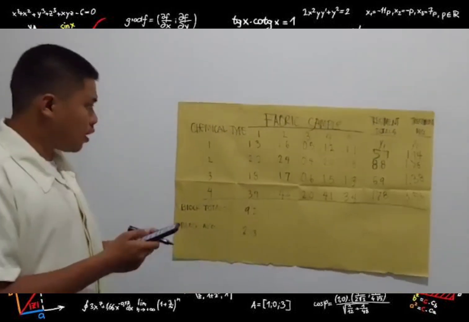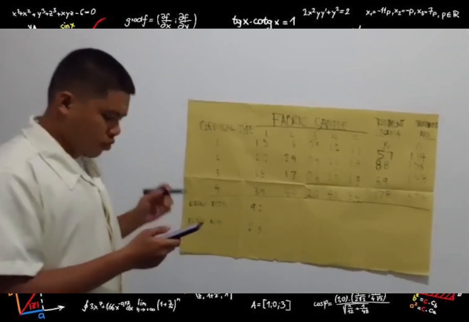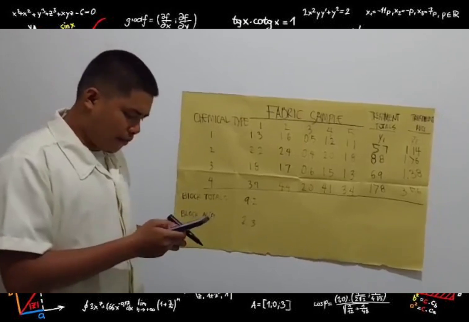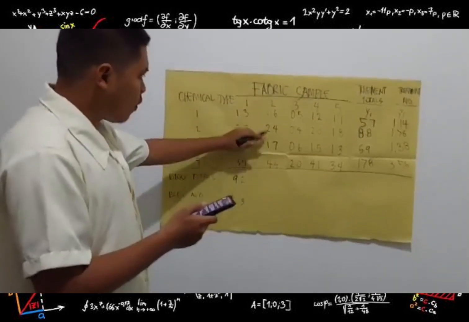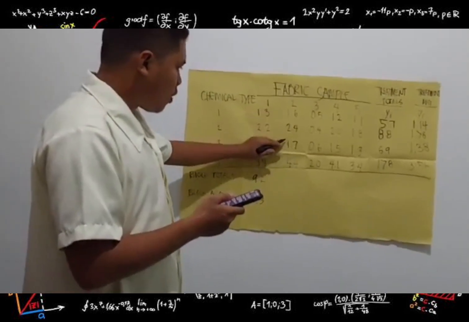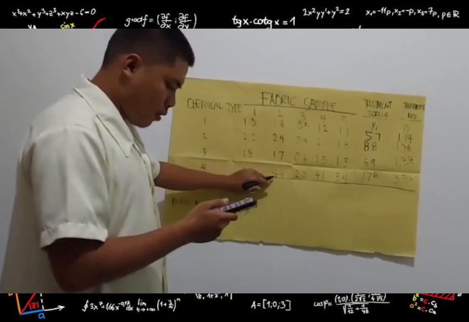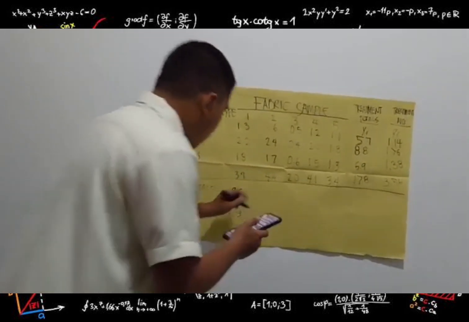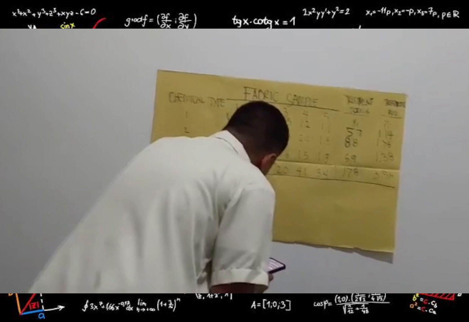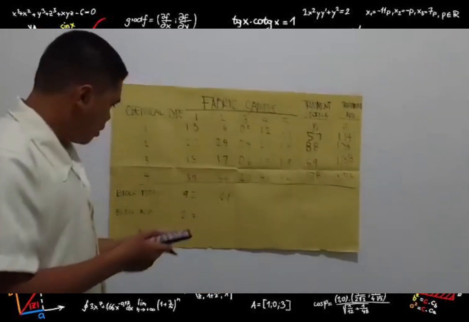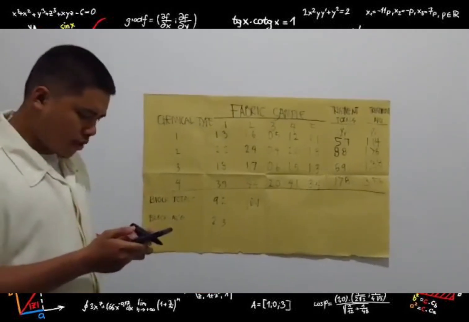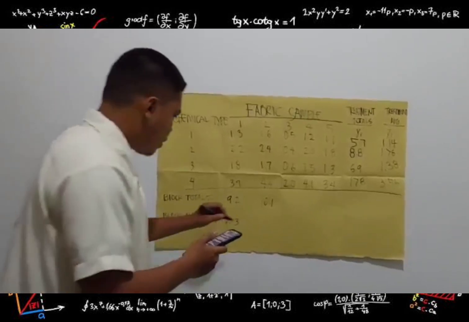We also do it for fabric sample 2. We add the 1.6, 2.4, 1.7, 4.4. It equals 10.1. And its block average is 2.53.